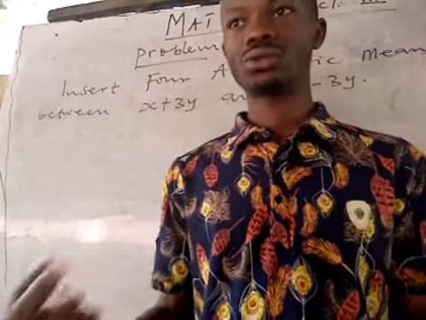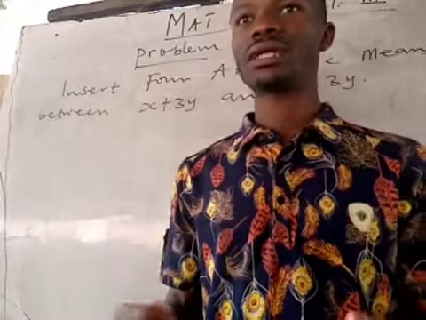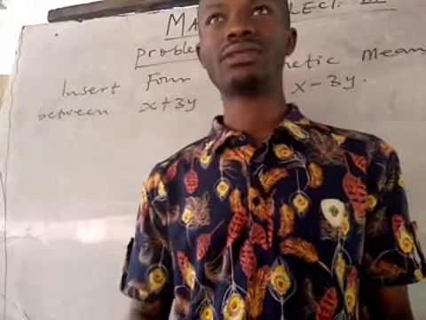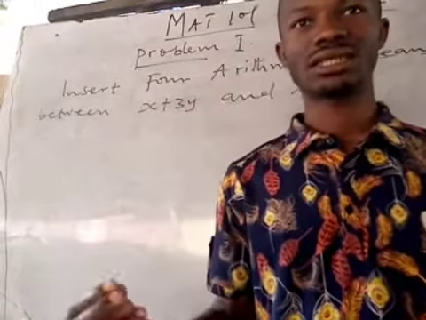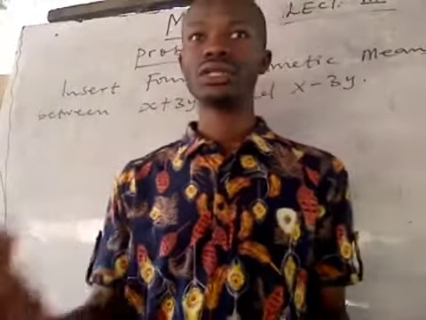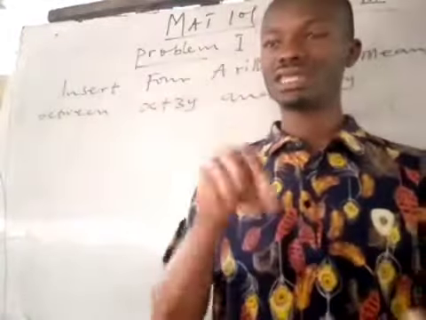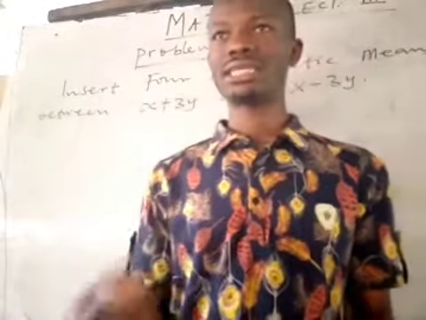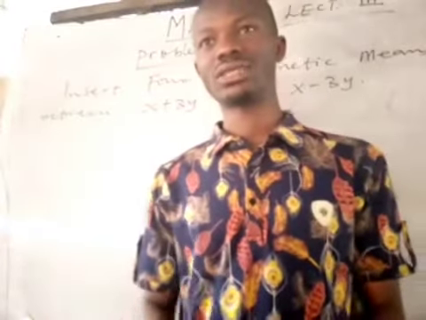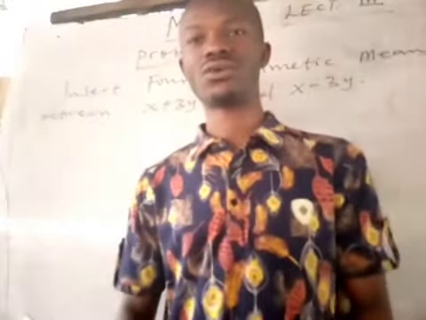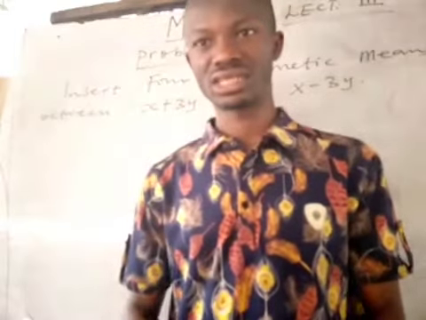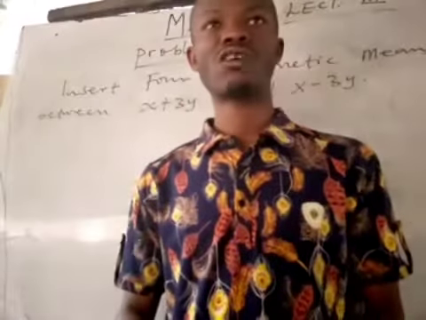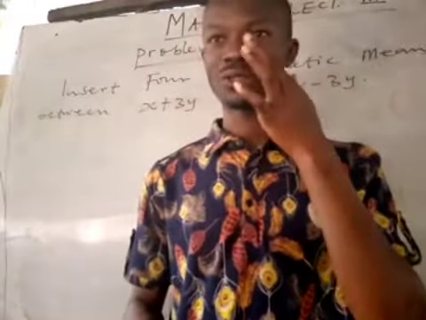If you are given two numbers and you want to form a sequence in arithmetic progression, what you simply do is insert arithmetic means in between the numbers. By inserting these arithmetic means, you are forming a sequence in arithmetic progression. That we saw and solved problems in it in our last episode.